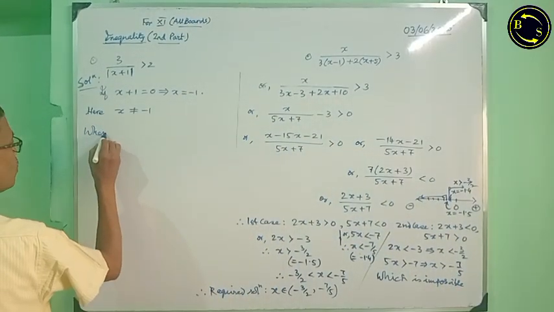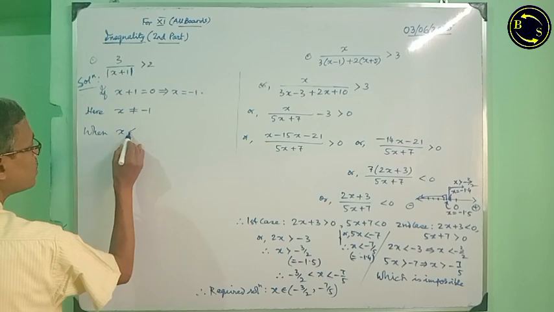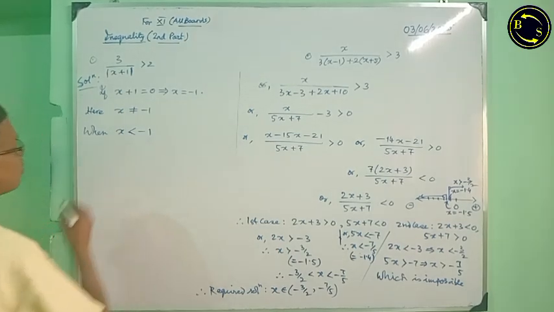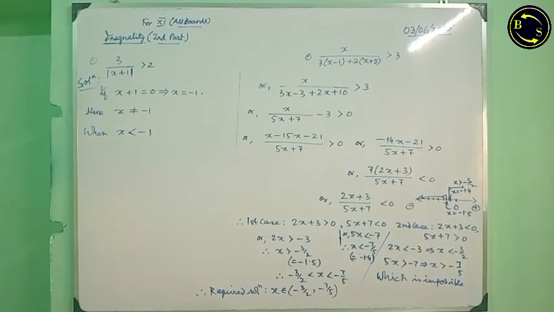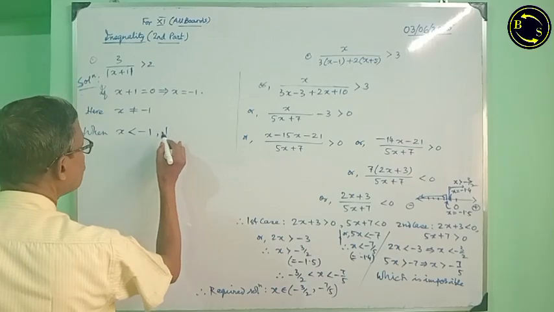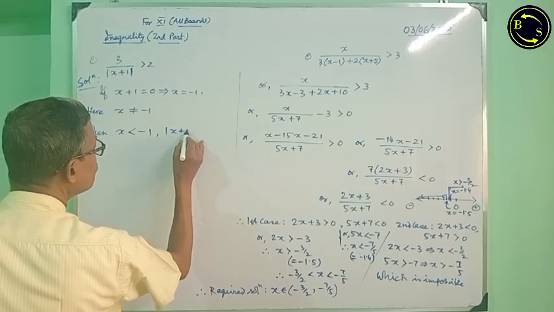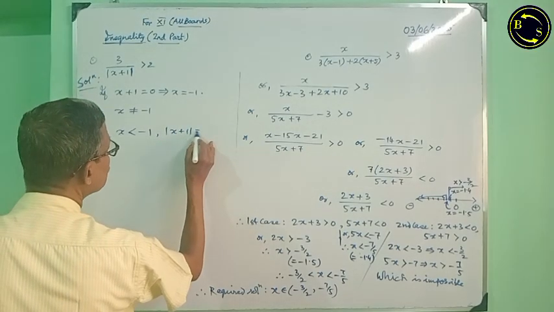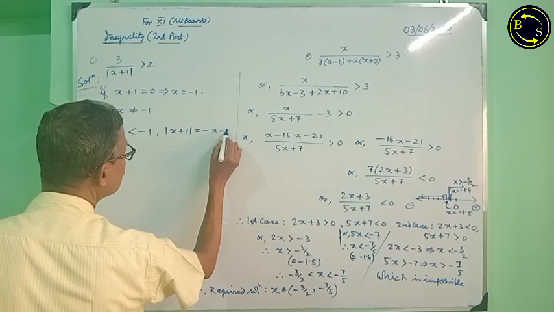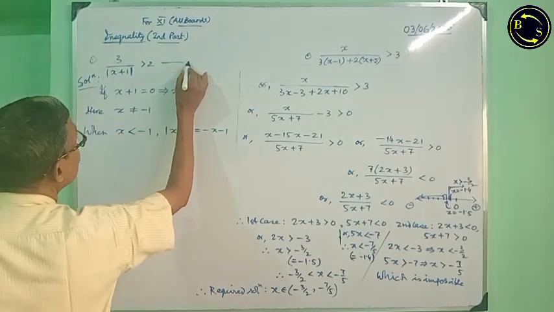When x less than minus 1, modulus of x plus 1 will be minus x minus 1. We call this as 1.